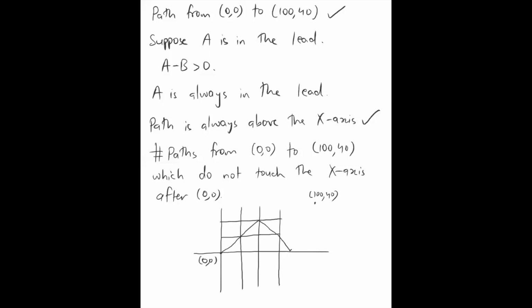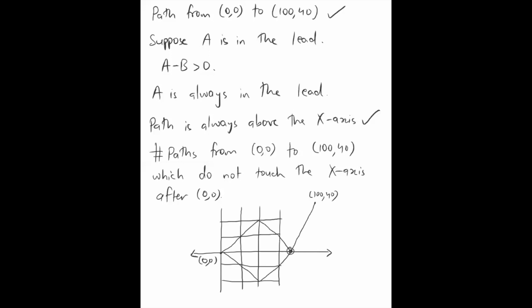We would look for the first time that it touched the x-axis, which is this point, and then reflect it across the x-axis. The trouble here is, because 0 comma 0 lies on the x-axis, we don't get a point on the other side of the x-axis. We don't cross the x-axis as such. So the good thing about the reflection principle is gone.